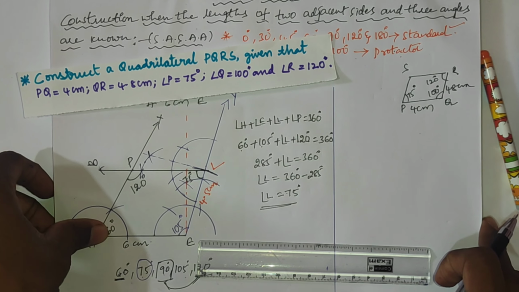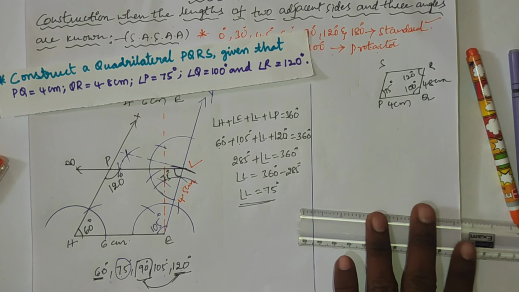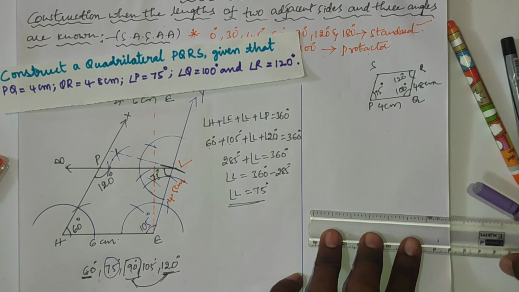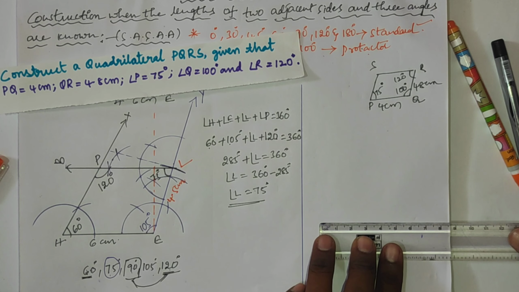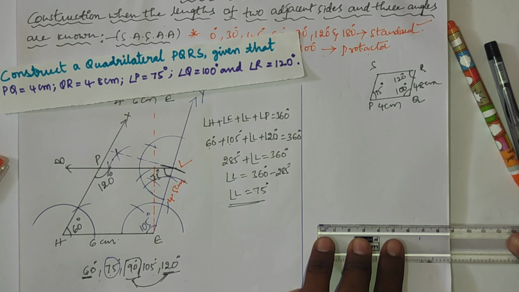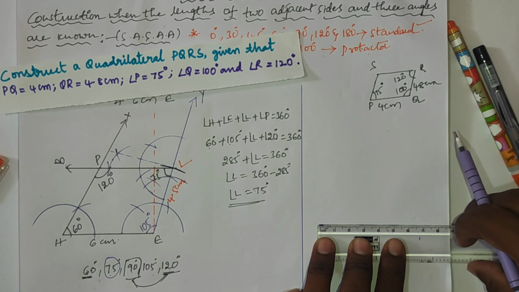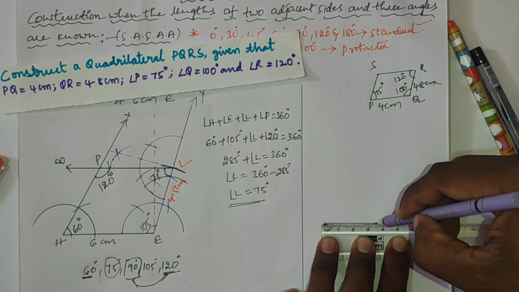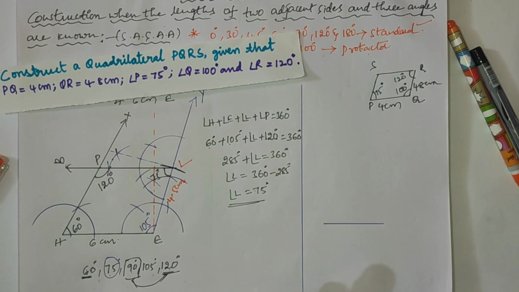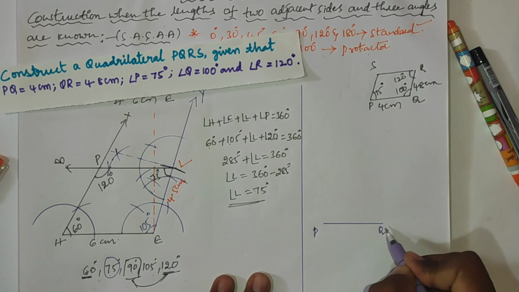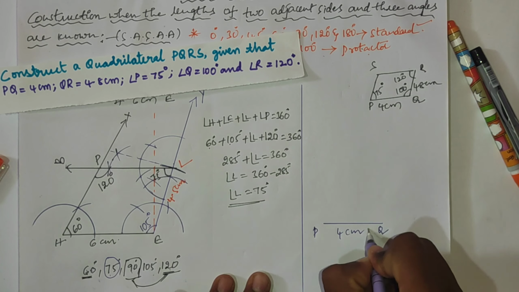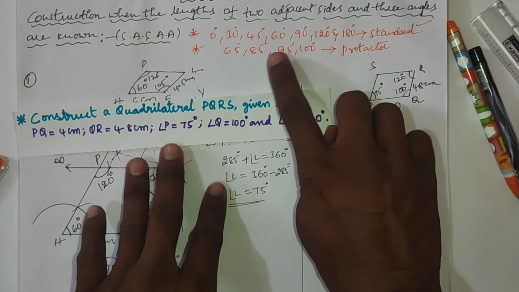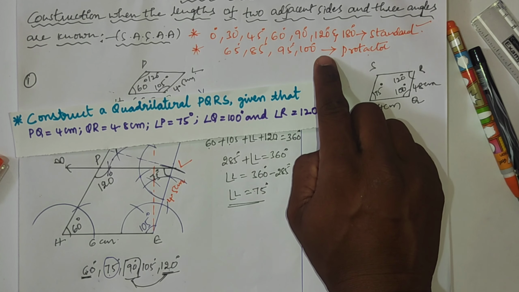For this one, we'll construct quadrilateral PQRS. First, I am taking the base. PQ as a base, considering 4 centimeters. Now we'll construct the angle here. As we said, there are some standard angles, and some other angles also, right?